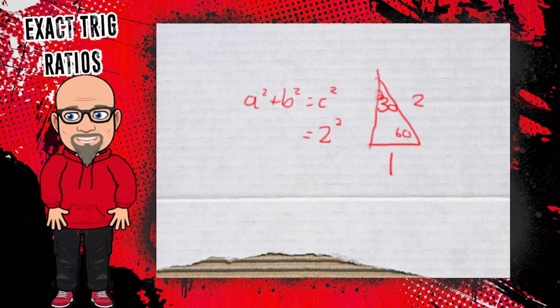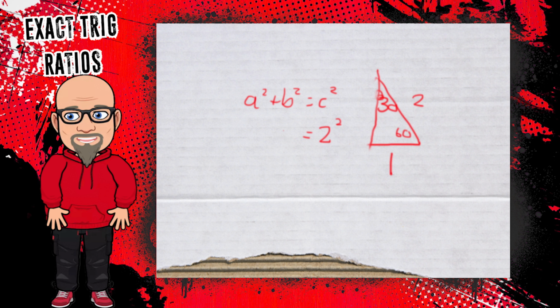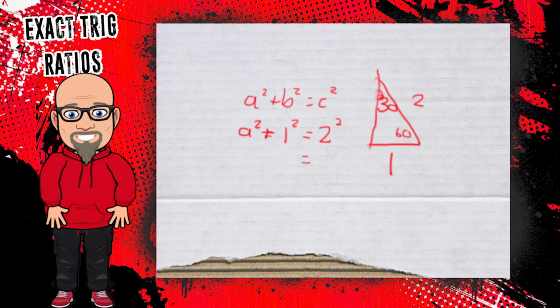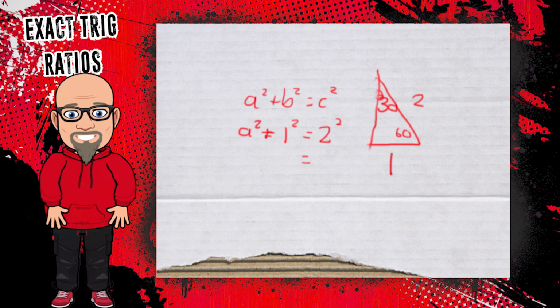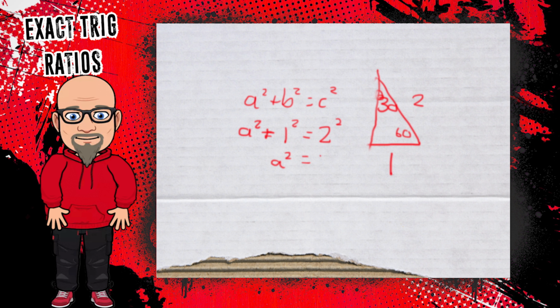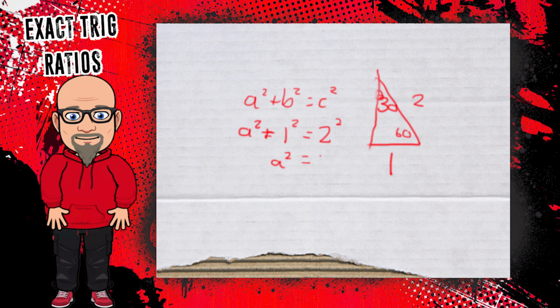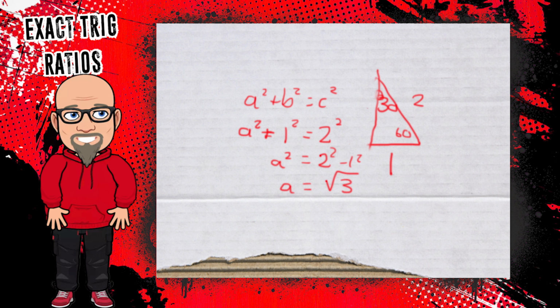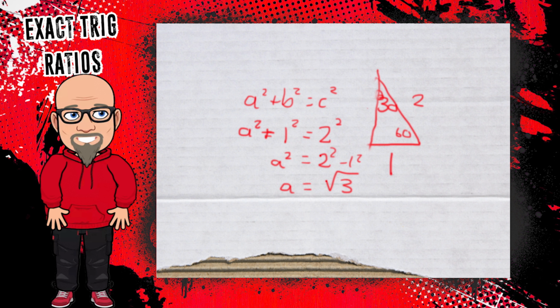And my a squared, I don't know. When I rearrange this, I get 2 squared minus 1 squared, which gives me that a squared, or rather a, equals the square root of 3. So I've now got everything I need to be able to work with this.